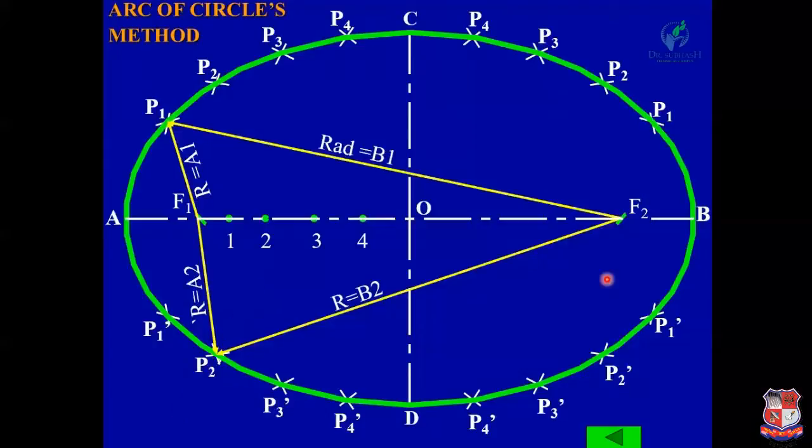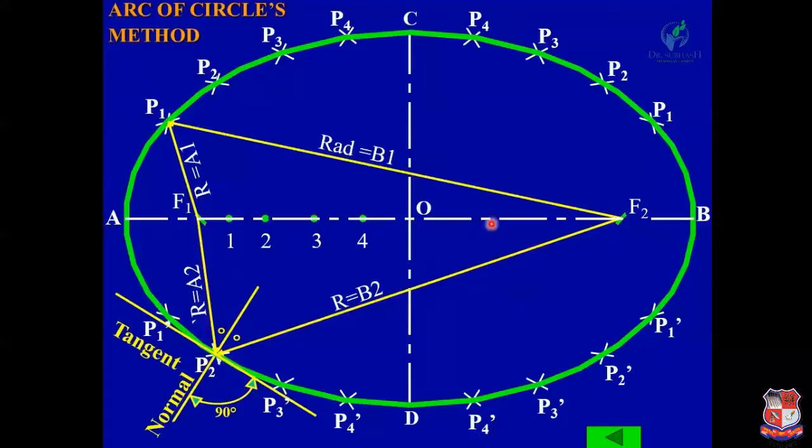Now, if you want to draw a tangent and normal at any point on this ellipse, for example at this point P2, join this point with F1 and F2, and bisect the angle F1 P2 F2.